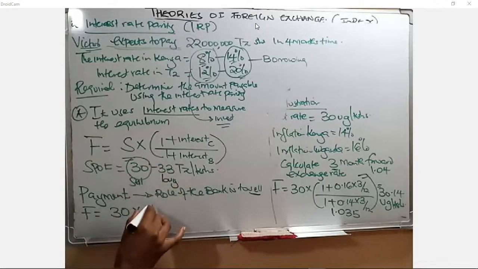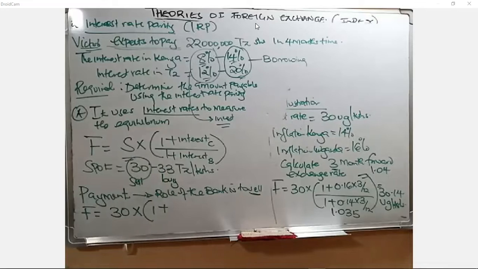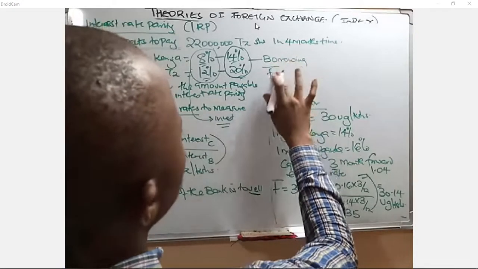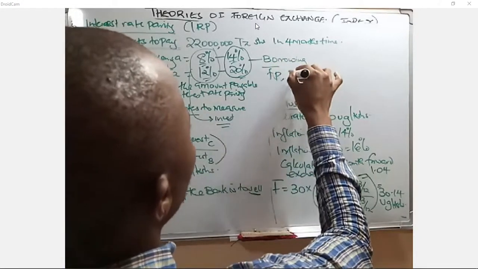You multiply by 1 plus the interest rates between 14, right? We use the following rules. For foreign payments, someone? Foreign payment, we said. Yesterday, I was able to give that rule. For foreign payments, borrow local.